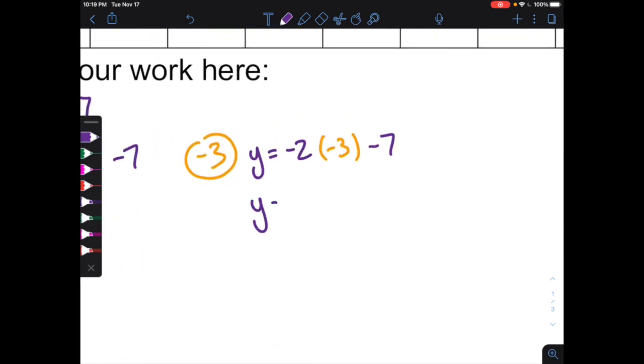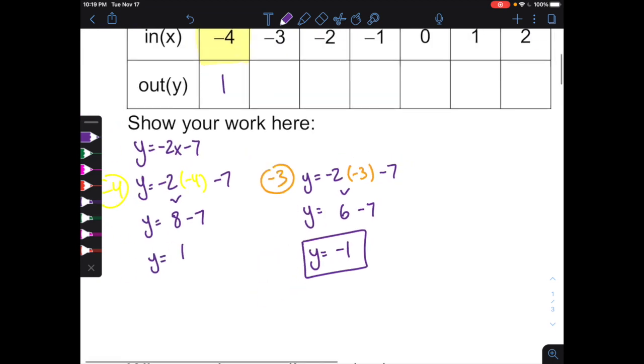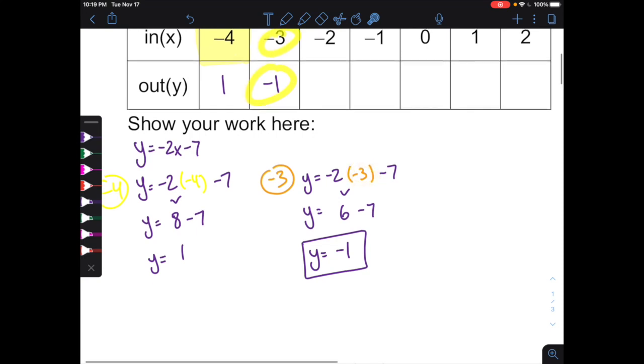So here y equals negative 2 times negative 3 is positive 6 minus 7. y equals negative 1. So I'll go ahead and put negative 1, when x is negative 3, right? I'm just saying this is the number I'm plugging in right now. So when x is negative 3, my y value is negative 1.